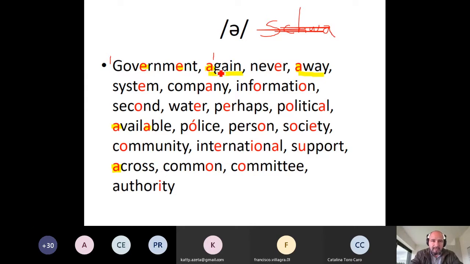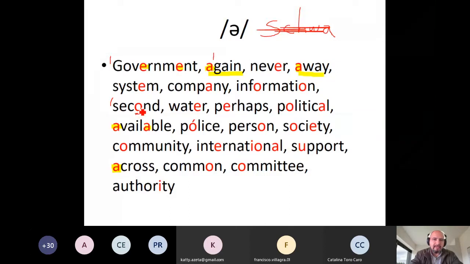Again, company. Okay. Second, not "or." Second. First syllable stressed, and the second syllable is unstressed. So you use a schwa.